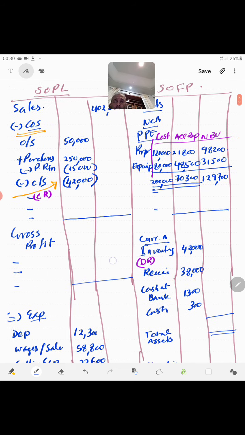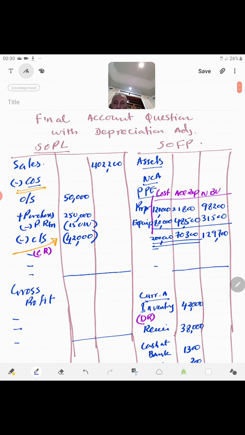Now what we do is we use the calculator and we work out the cost of sales.